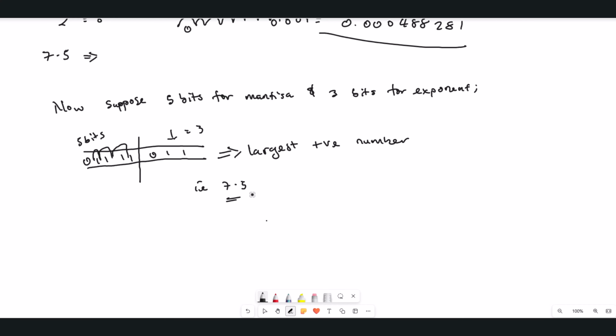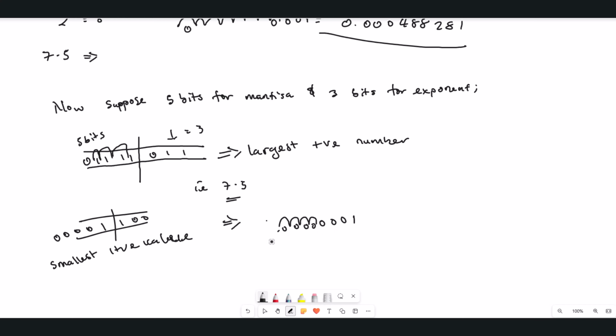And this means we should move this 4 times, which is going to be like 100. So this is the smallest positive value. I hope this really makes sense.